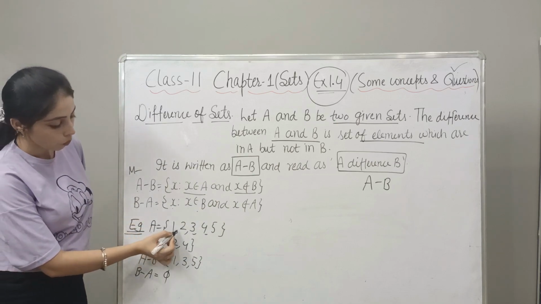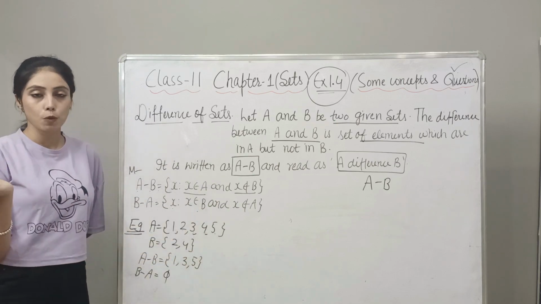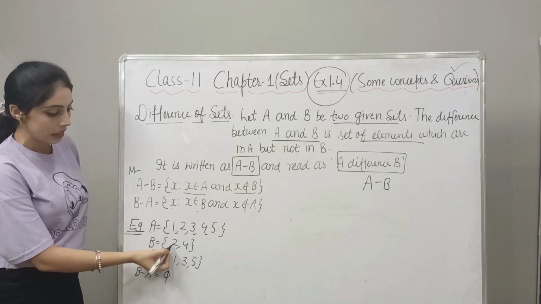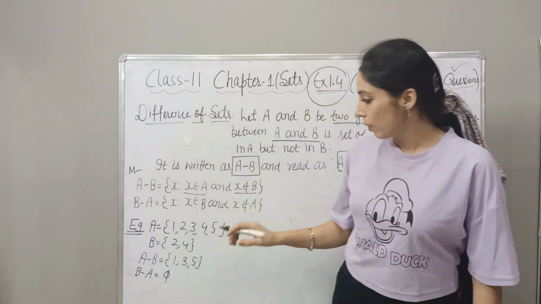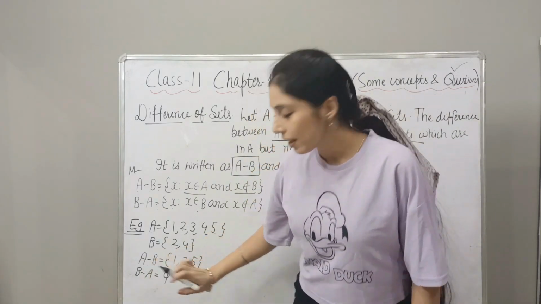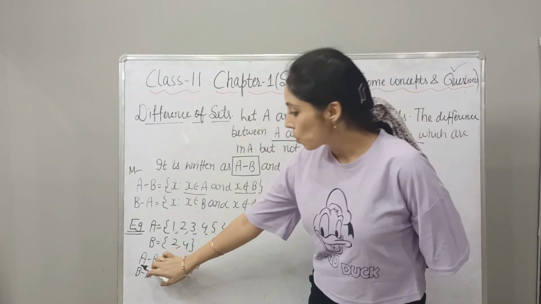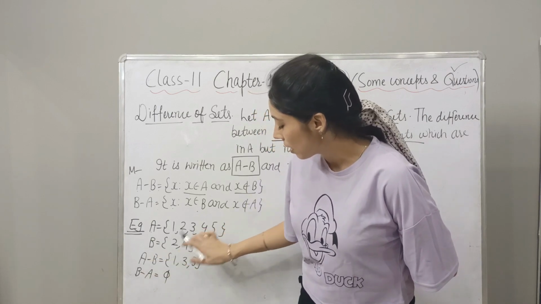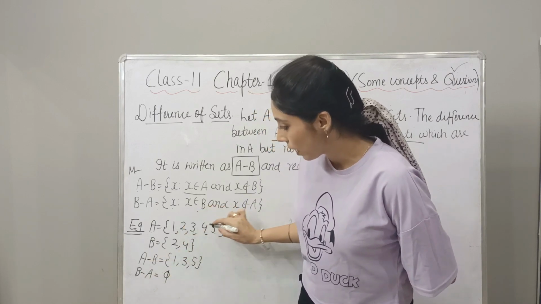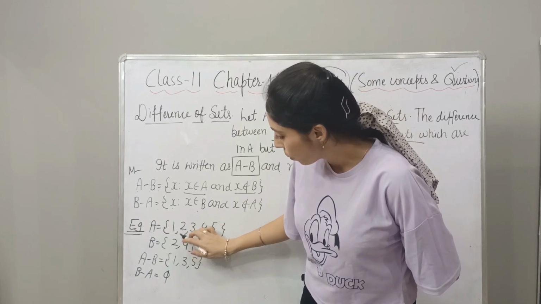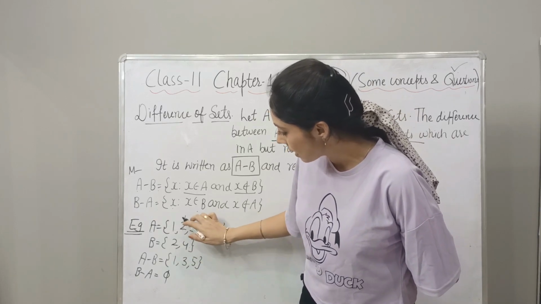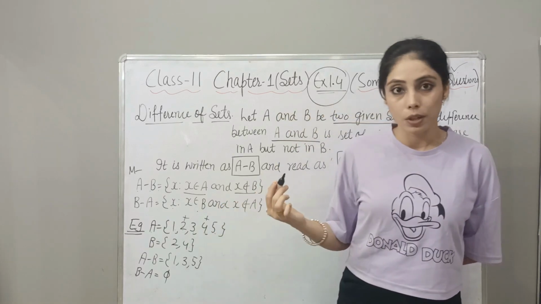If A is equal to {1, 2, 3, 4, 5} and B is equal to {2, 4}, the first 2 even numbers, and we have to find the difference between A and B, what will A difference B be? This will contain those elements of A which are not in B. Here 2 is in B, 4 is in B, so these elements will be excluded.